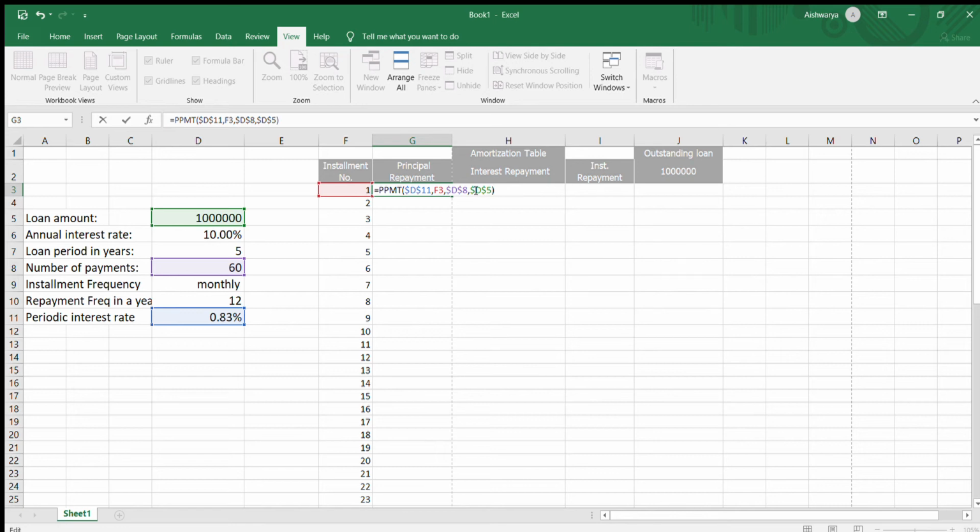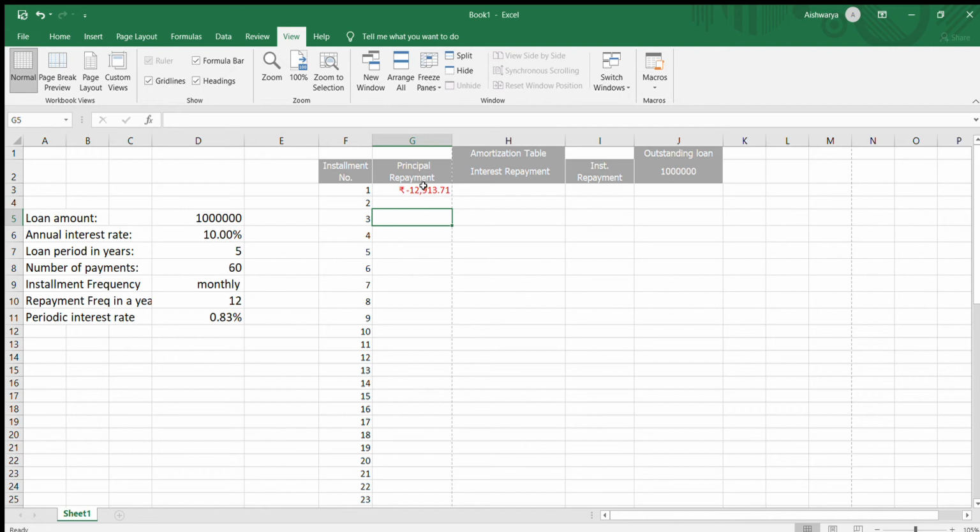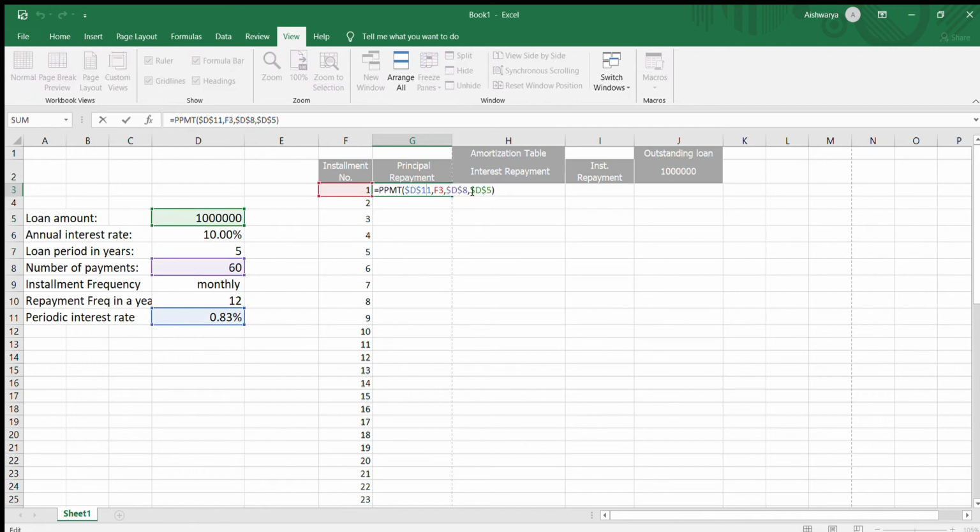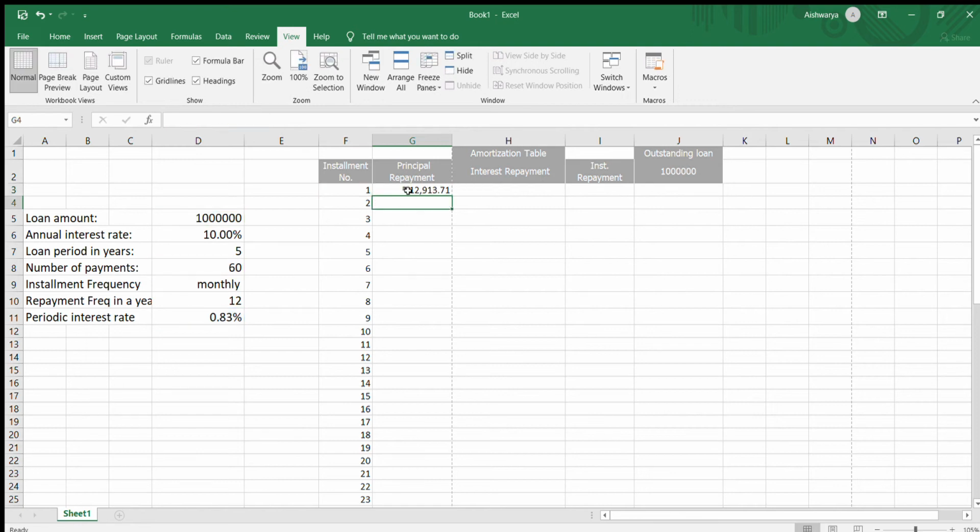We can close this bracket and enter. It shows a negative value, so we can add a negative sign before the principal amount. Now the principal amount is positive.